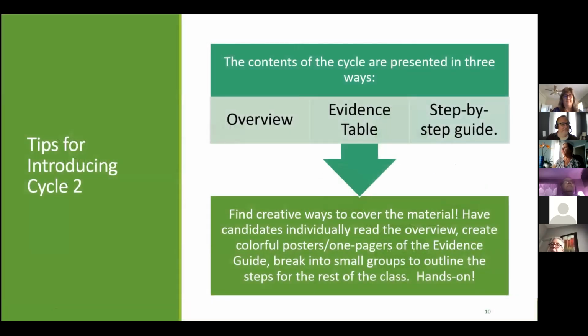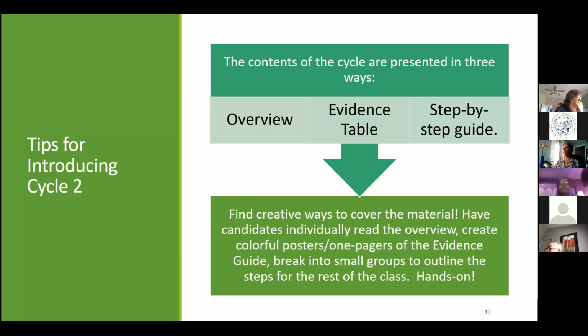We just want to lay out for you a little bit about how the guide is set up. The guide that candidates receive when they register includes an overview of the instructional cycle and walks them through that underlying theory of action, basically talks about what's going to be happening in the cycle, and then what happens in each of the 4 steps. Then we follow that with a table that lays out the same information for the candidate, because we know some readers really like to see a very succinct description of what needs to be done.